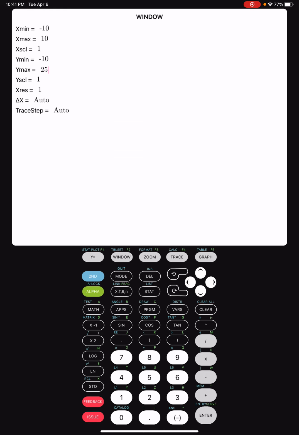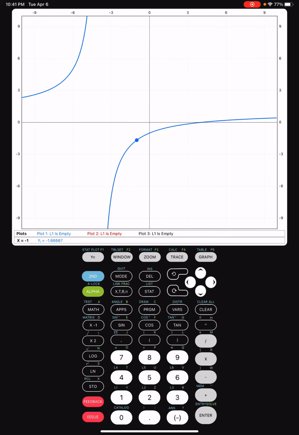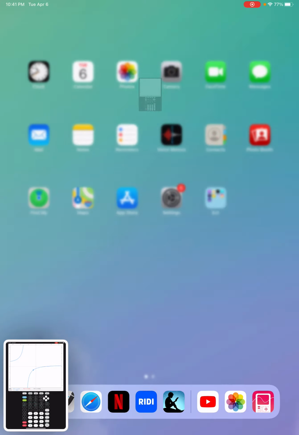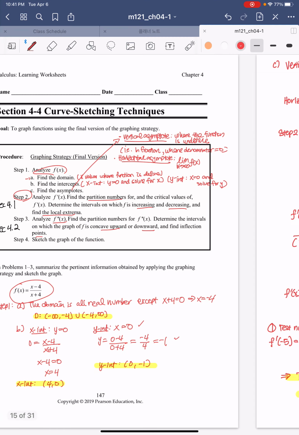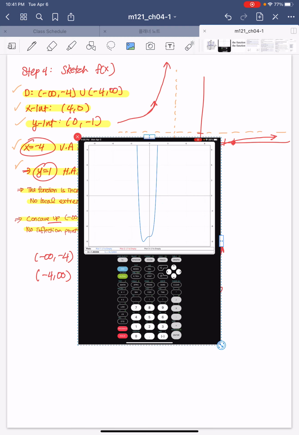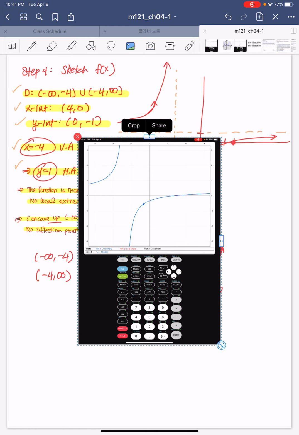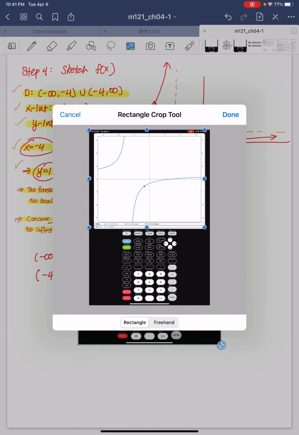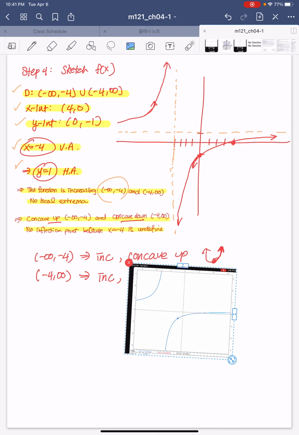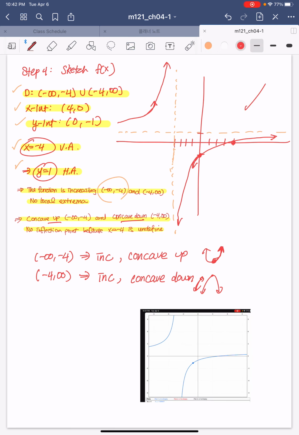So let me change the standard window. There you go. And this looks pretty accurate to the paper here. So that looks good right there. It looks pretty similar. Check, check. Okay, now let's move on to the next example.